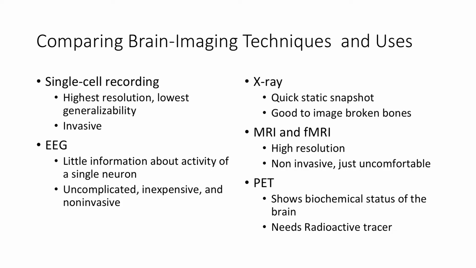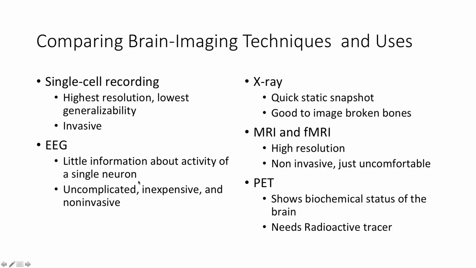Okay, so here's a little recap of some of the methods we went over. Single cell recordings have the highest resolution, however the lowest generalizability because you are looking at a couple neurons in a very, very specific place, and it's very invasive. EEG tells you little information about activity of a single neuron. It's pretty simple, it's pretty cheap and non-invasive.